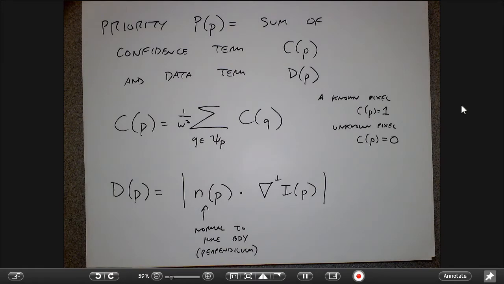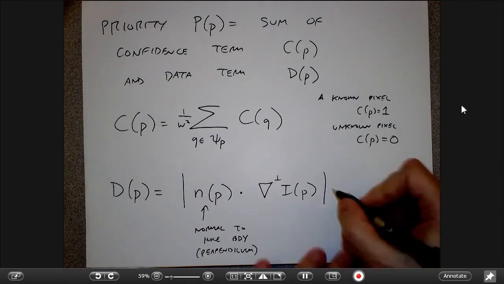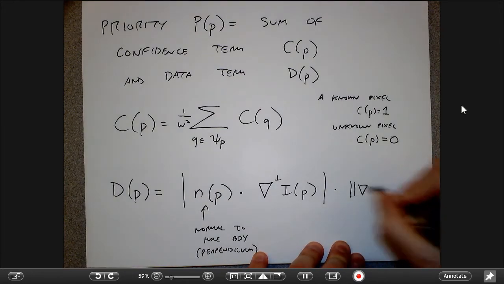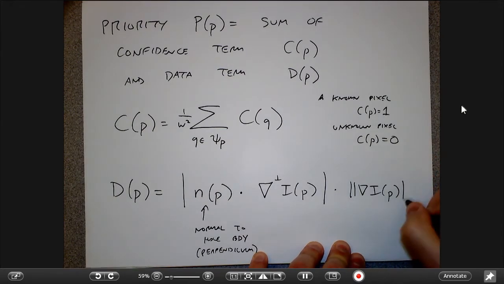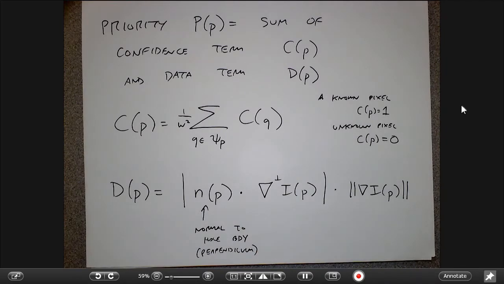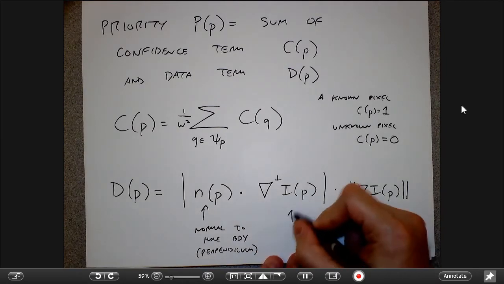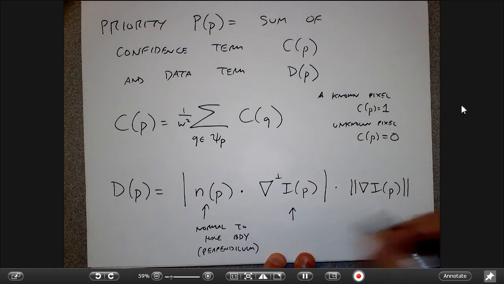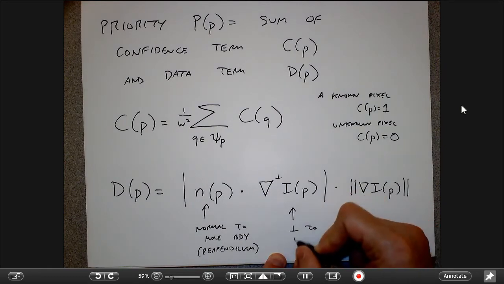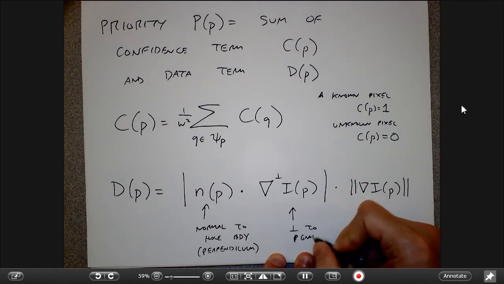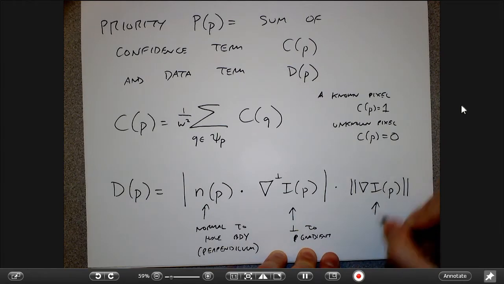Basically this is the data term: this is perpendicular to the gradient, and this is the magnitude of the gradient.